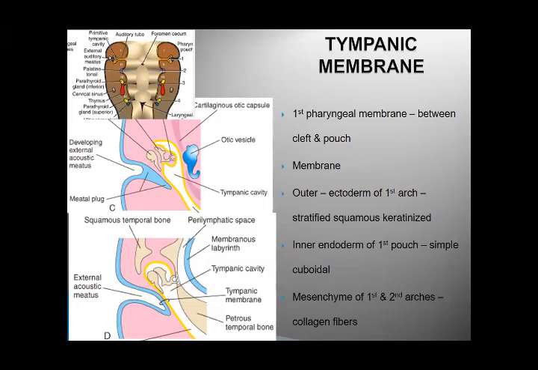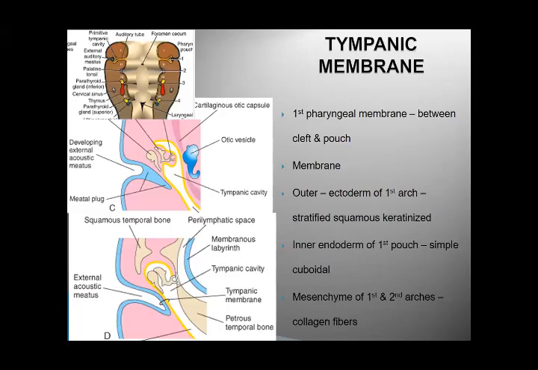The ectoderm of the first pharyngeal cleft and the endoderm of the first pharyngeal pouch extend towards each other and they meet, come across each other.